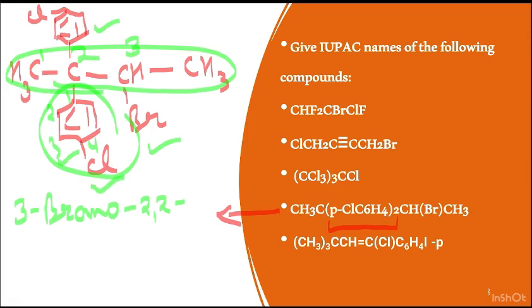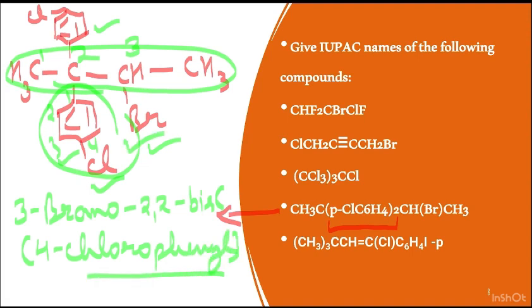You have to write after this a dash, bis, and then start the bracket. In the bracket you will write 4-chlorophenyl. This group is coming twice, so I wrote bis. And then butane. This is the name of the compound.